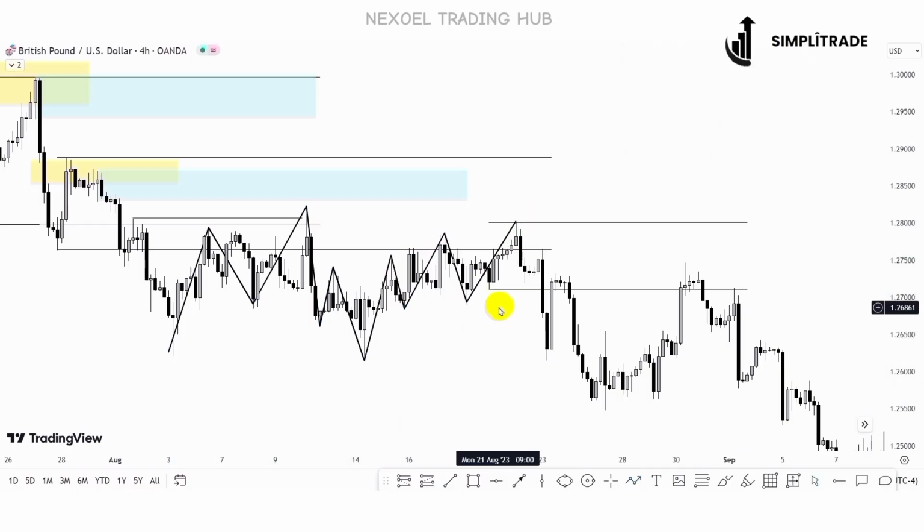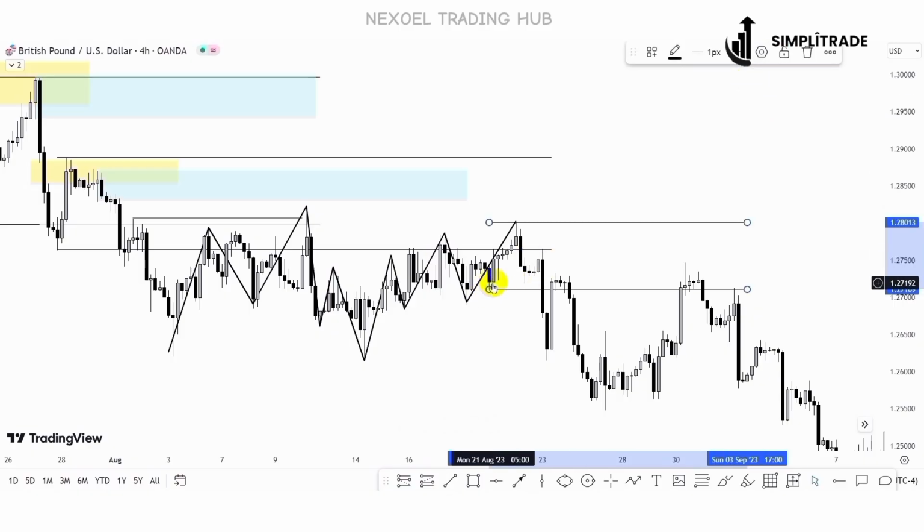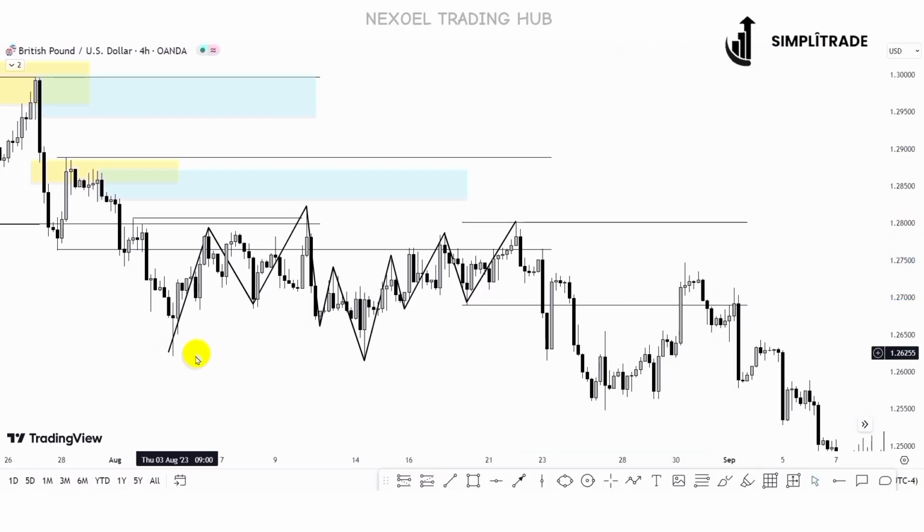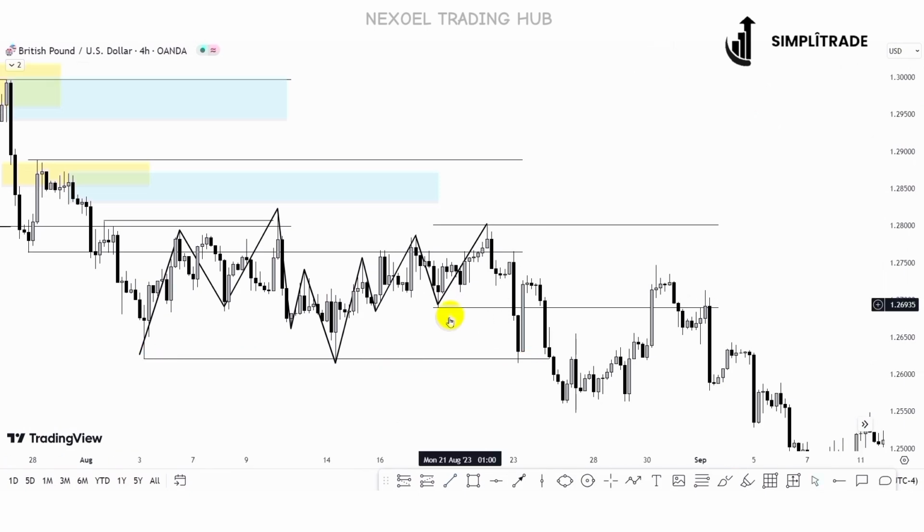So basically we're saying that this is actually the last buy move before the sell move that actually took out this low point. So this is where we have the break of this low points here. So we can see that this is the last buy move that sponsored the bearish move to the downside that took out this low points.